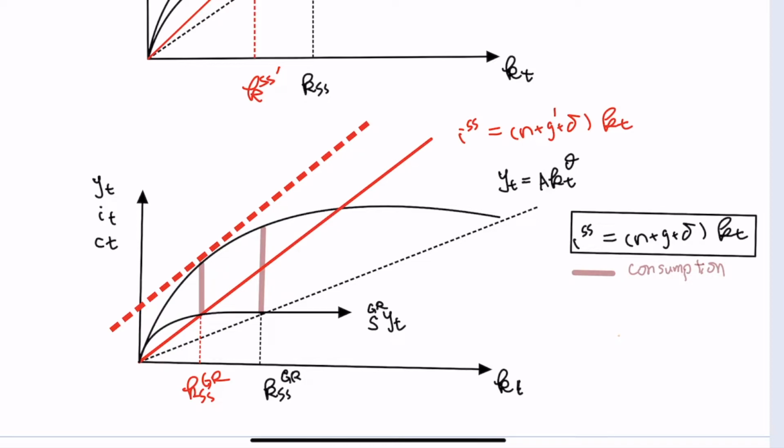It turned out that this golden rule saving rate is exactly the same, but the golden rule level of the capital star is different. That is because we know the golden rule saving rate is the capital share. Given that we assume the same production function, the capital share remains the same. So the golden rule saving rate remains the same, even though our model has the technological growth rate.